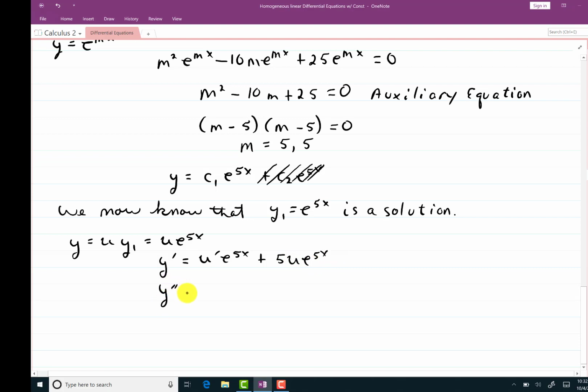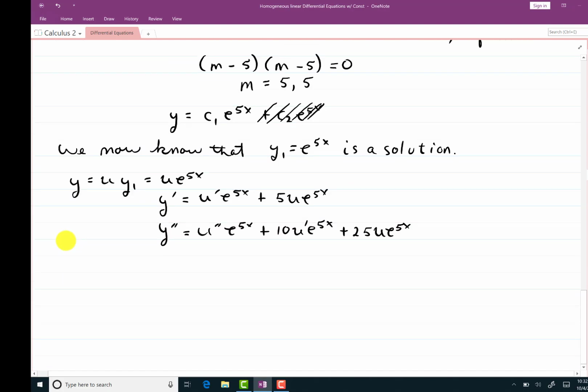y double prime equals u double prime e to the 5x plus 10u prime e to the 5x plus 25u e to the 5x. And we're going to plug all those things into the equation. Now, one thing I'm going to do is factor out the e to the 5x practically as soon as I get in there.